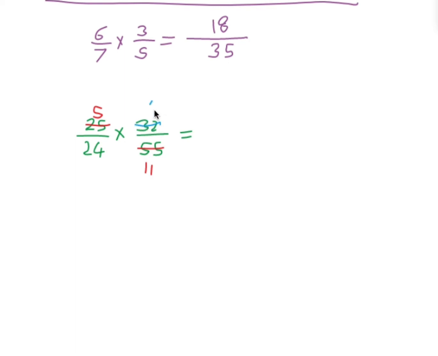So 8 times 4 is 32 and 8 times 3 is 24. Now we have reduced every number, so we can simply multiply: 5 times 4 is 20 and 3 times 11 is 33.